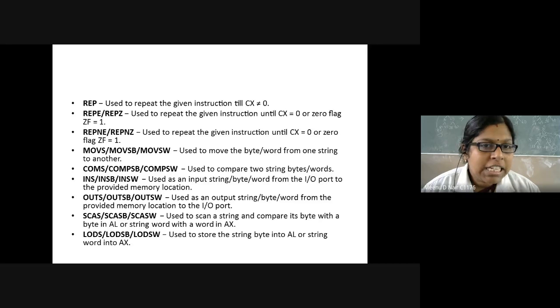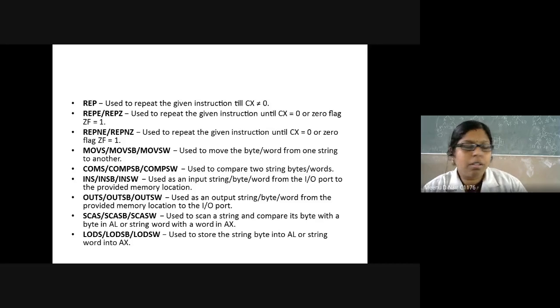Then REPE, then REPZ. It is used to repeat the given instruction until CX is equal to 0, or the zero flag is equal to 1. Sorry, here it is CX not equal to 0; you have to repeat the same thing. Here it is the opposite: whenever it comes to 0, you can exit from the current instruction.